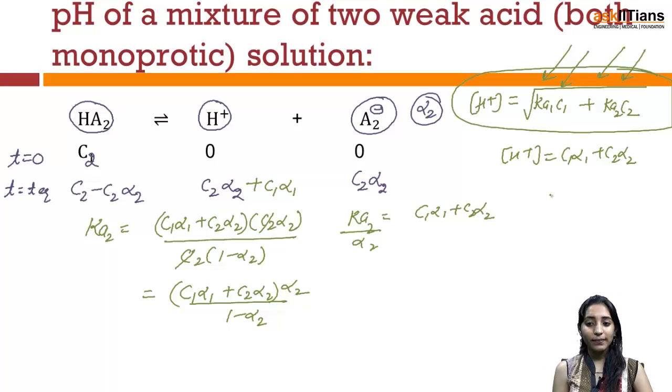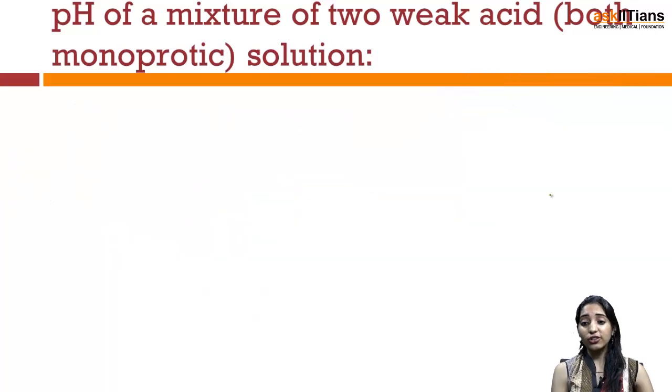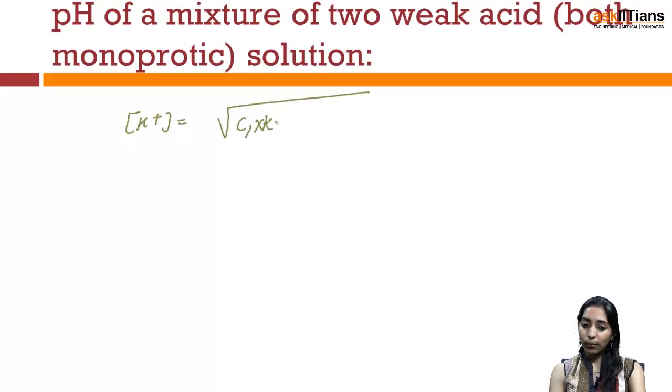So this was a case where we considered the pH of a mixture of two weak acids which were both monoprotic acids. Considering all the approximations, H positive is the square root of C1 into Ka1 plus C2 into Ka2. So I will be able to find the total concentration of H positive.